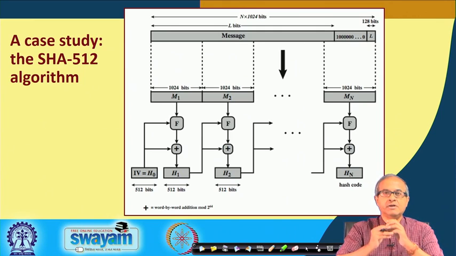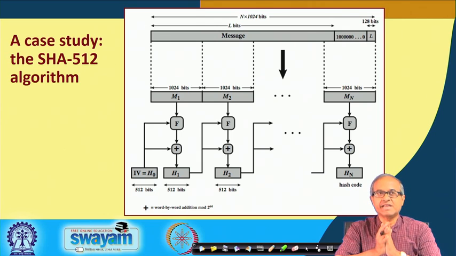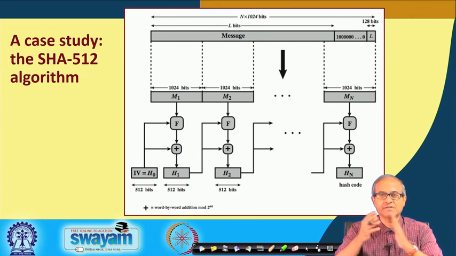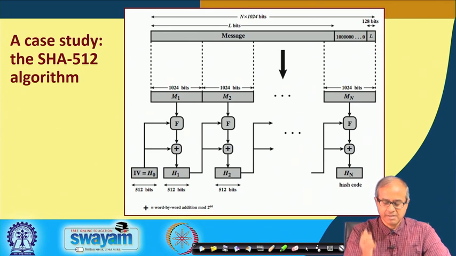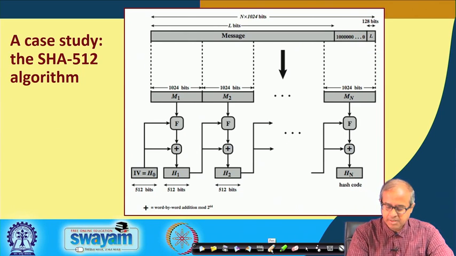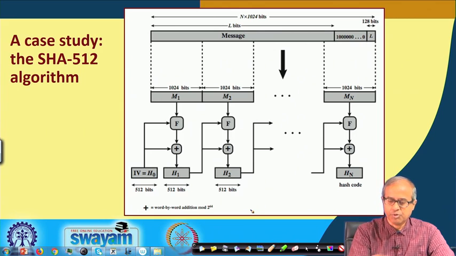Okay. So, let us now look at a case study. I talked about the various hash families. SHA is one such very popular hash family, and SHA 512 is one of the strongest members in that family. Now, very broadly speaking, I am not going into detail.